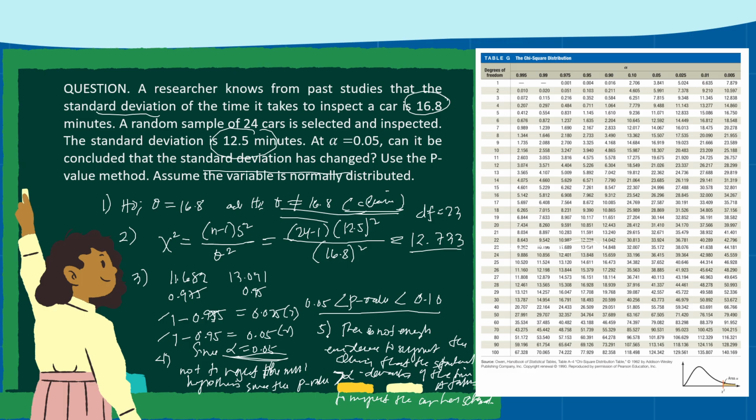So what is our p-value? Our p-value is between 0.05 and 0.10. This is greater than 0.05, so we do not reject the null hypothesis. That's the statement if you're going to summarize the result.